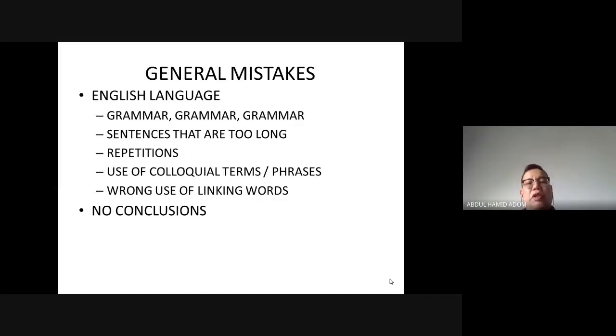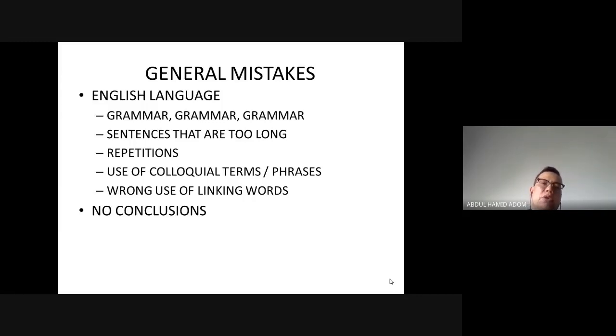Another thing is repetitions. In one sentence, the same word should only appear once. And then the use of colloquial terms and phrases. Colloquial means bahasa pasar, the terms used when talking with your friends and so on.